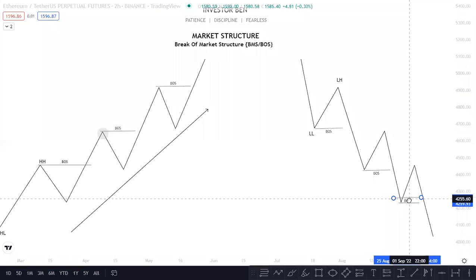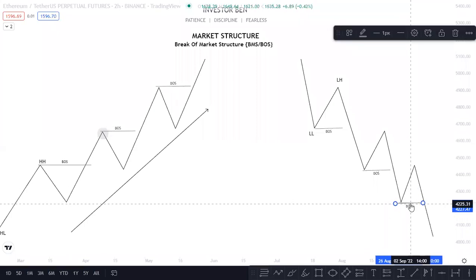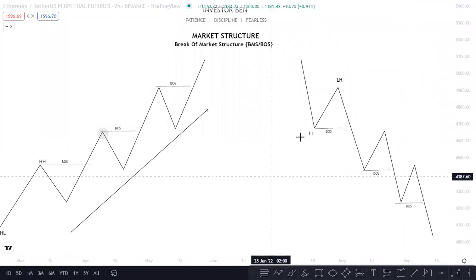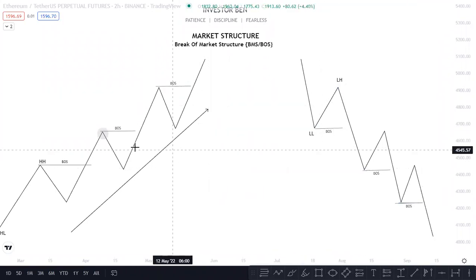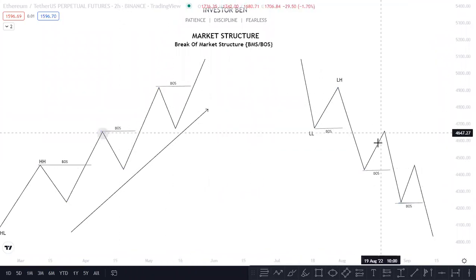So this is a downtrend structure formation, and the latter is the uptrend. So this is the BOS of both trends, uptrend and downtrend, right?